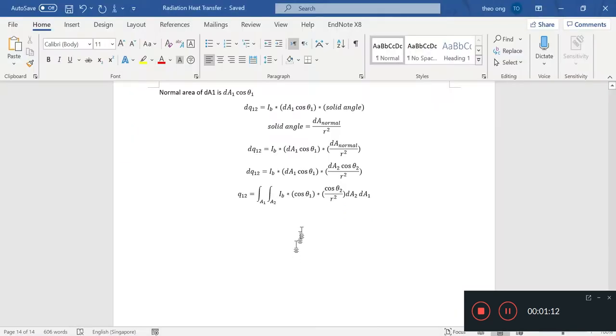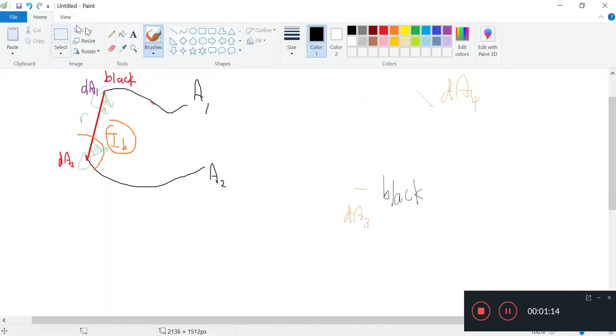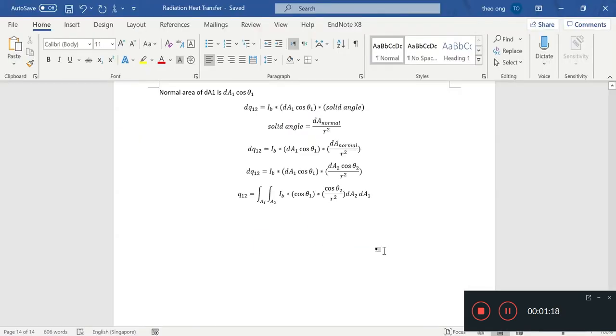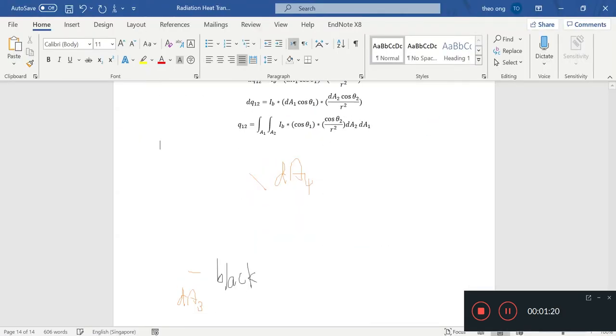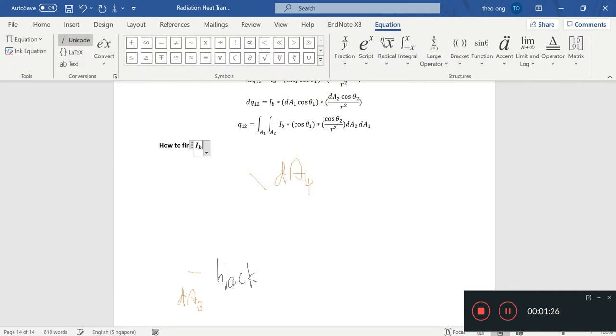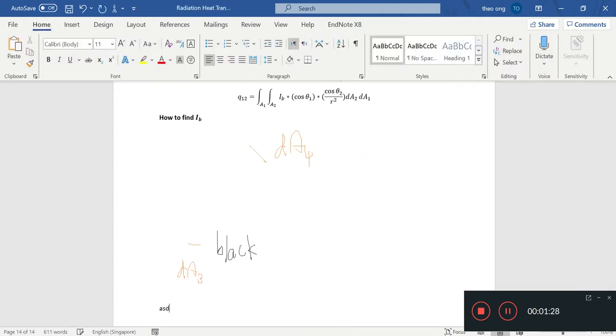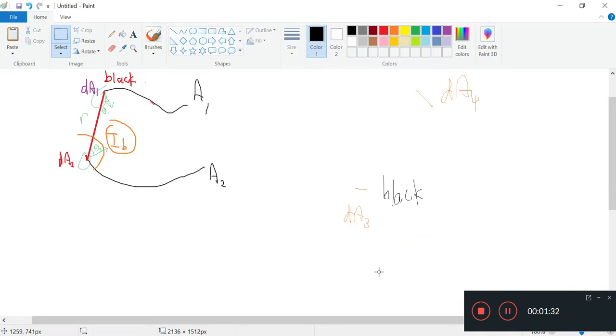Let's do a little copy and paste. Again, the question is how to find IB. We have this little situation, and what's the energy output?